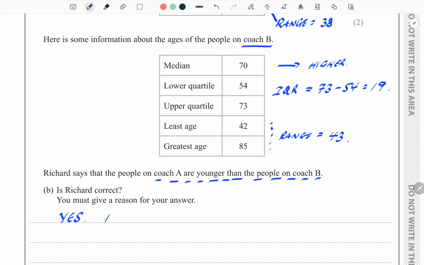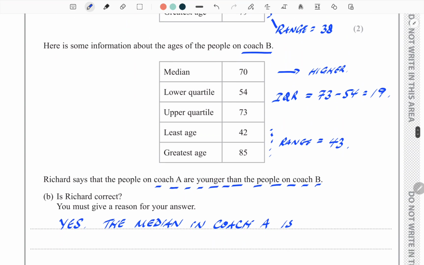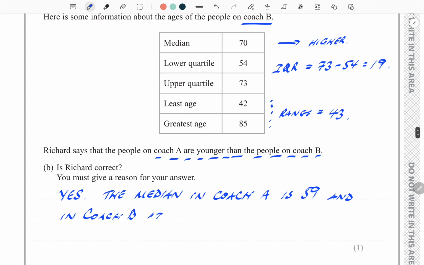Yes, because the median in coach A is, and let's just put that there, 59, and in coach B it is 70. So lower in coach A.